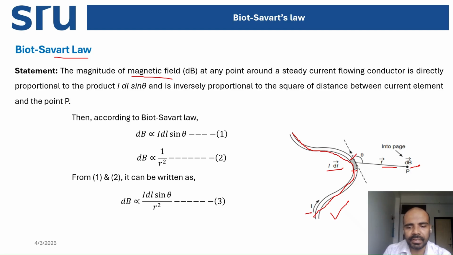Here the steady current I is flowing through this wire, that is, the current is constant, so it doesn't change over time, right?